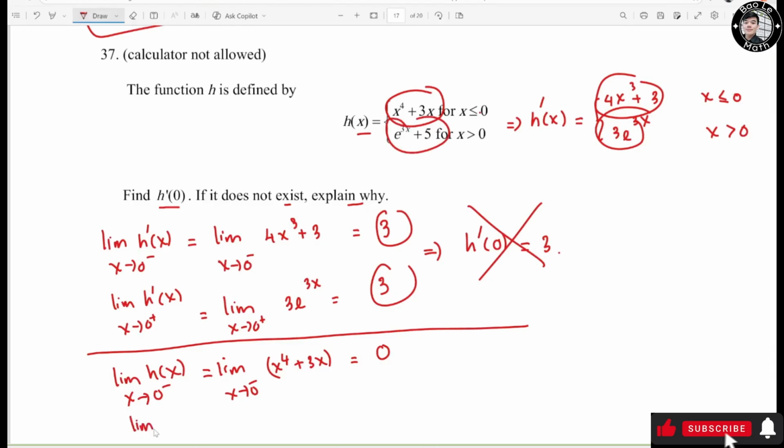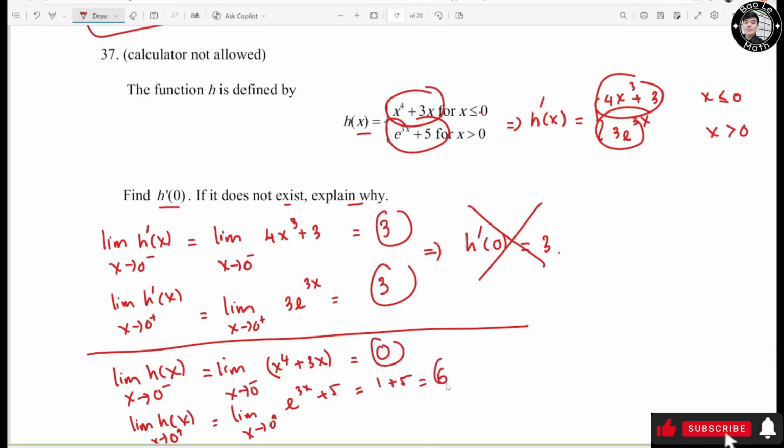Now the limit of h of x as x approaches 0 from the right equals the limit of e to the 3x plus 5 as x approaches 0 from the right, which equals, substituting 0 for x, 1 plus 5 equals 6.